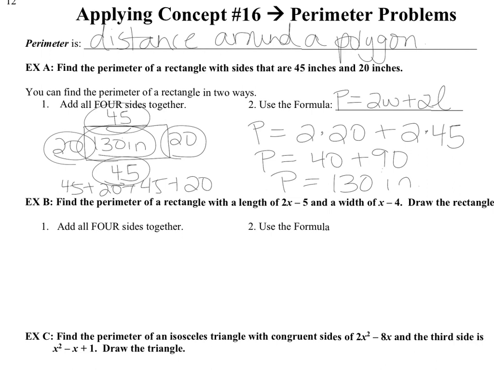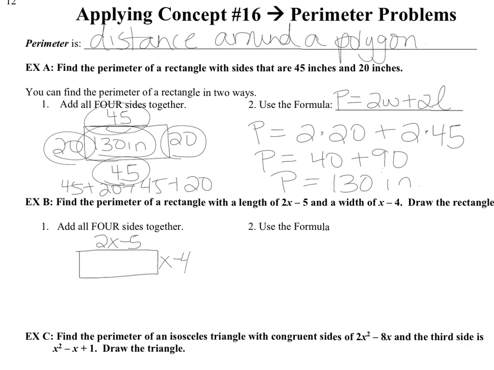Now, that was pretty basic. The next one, I want to find the perimeter of a rectangle that has length 2x minus 5 and width x minus 4. So 2 methods. One, you can add all 4 sides together. So I always find it's somewhat helpful to draw the actual rectangle. So I've got length 2x minus 5, width x minus 4, right?